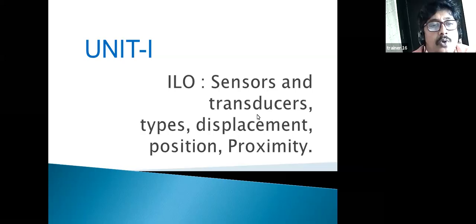In open loop system, there is no feedback element, whereas in the closed loop, a feedback element is there. In the open loop, we cannot get our desired output. Here, the output is not followed by the input variable.